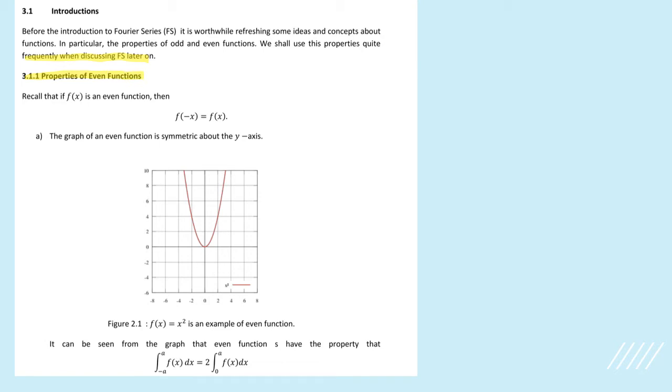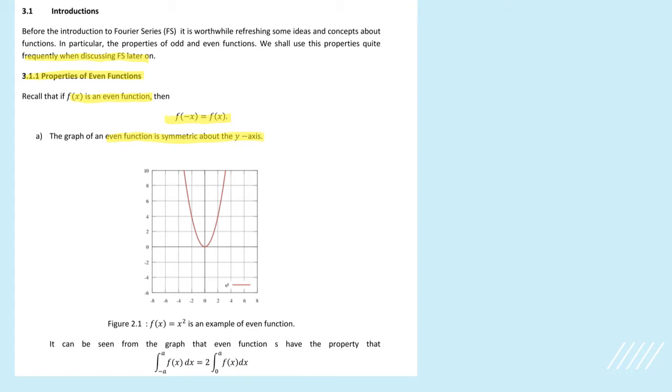So recall that if f(x) is an even function, then we have f(-x) equal to f(x). Okay, and the graph of an even function is symmetric about the y-axis.